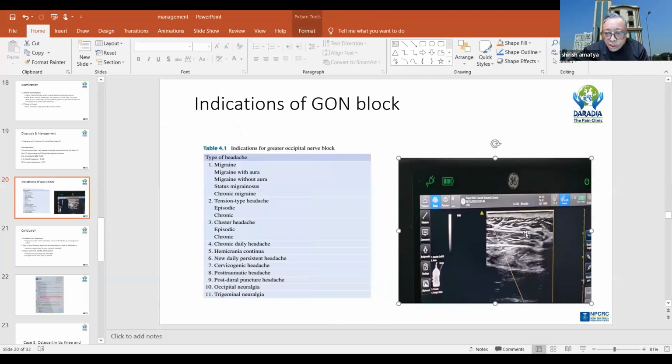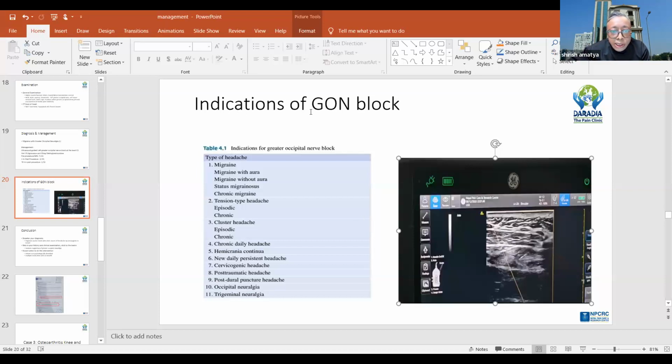But here you can see this is the lamina of C2, and this is the inferior obliquus muscle. This is splenius capitis, and you can see the needle coming here. The lower one is the lamina. We injected in this part, where the greater occipital nerve is located, and after injection he is completely pain free till now.